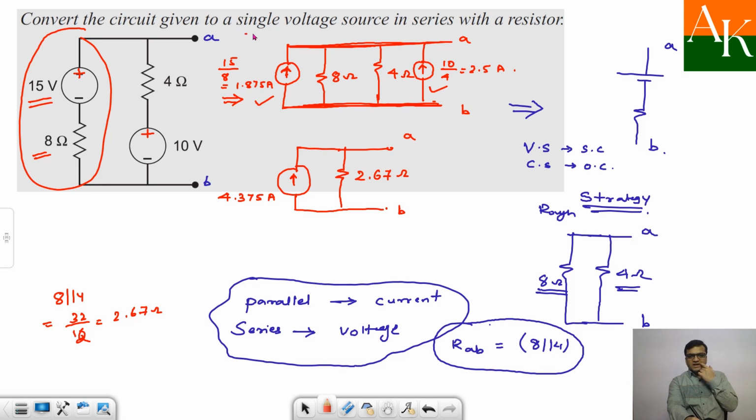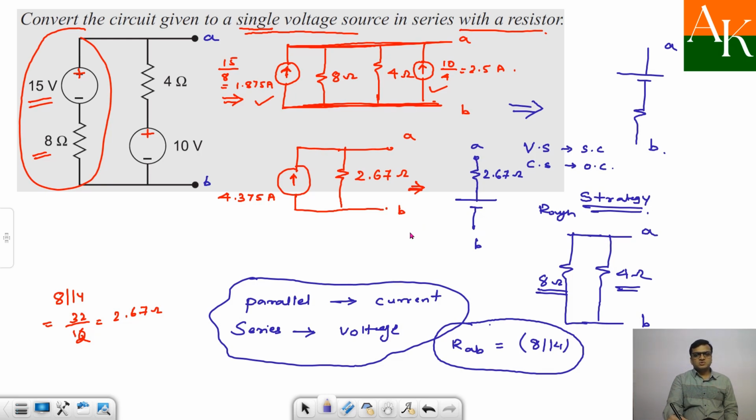The problem statement says that you have to obtain, between terminal A and B, a single voltage source with a series resistor. So a final transformation is required over here. Between A and B, we will have the 2.67 ohm resistor as it is, in series with a voltage source. Now what about the polarity of the voltage source? The current direction is towards A, so the A terminal is positive, B will be negative. Towards A you will specify the positive terminal.